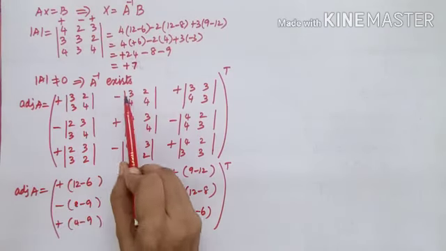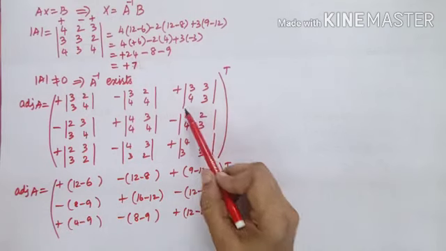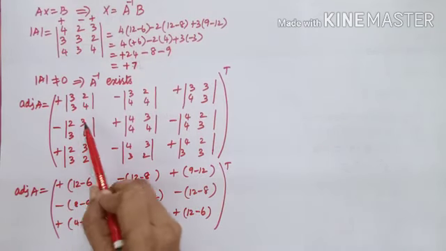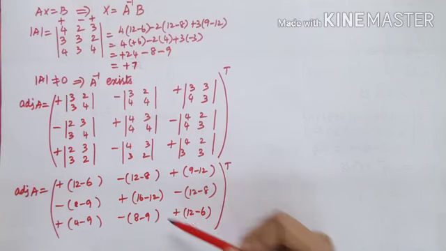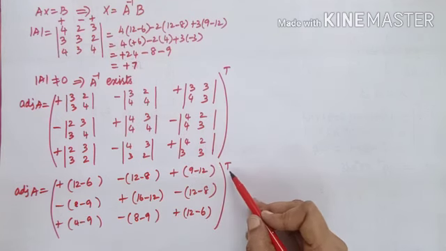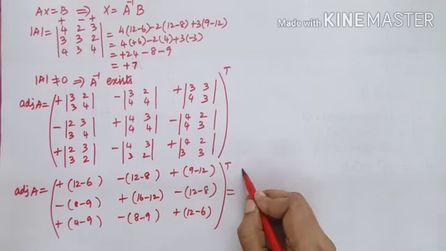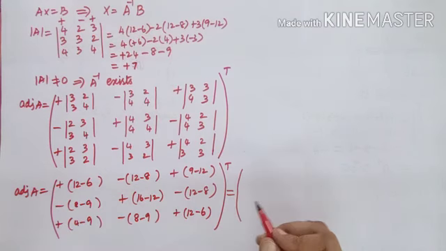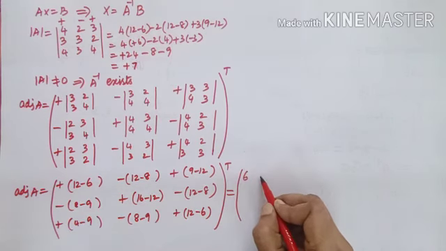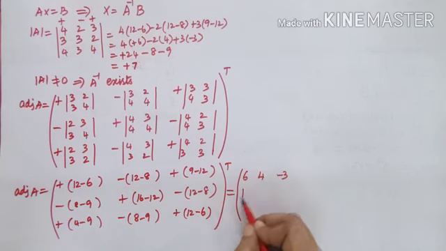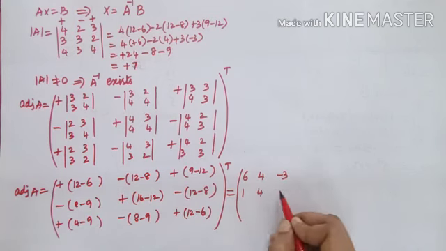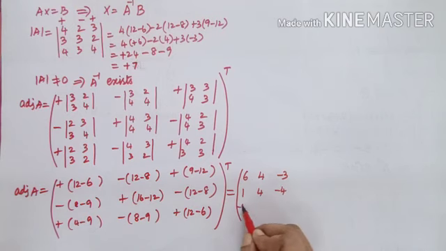12 minus 6, 12 minus 8, 9 minus 12, 8 minus 9, 16 minus 12, 12 minus 8 and proceed. Find out the transpose, which is nothing but the adjoint. So we get 6, 4, minus 3, 1, 4, minus 4, minus 5, 1, 6.